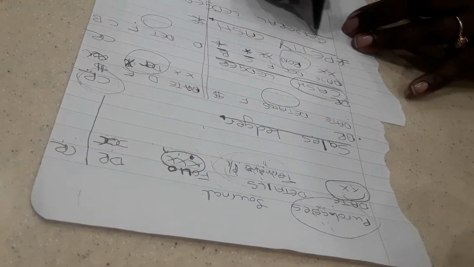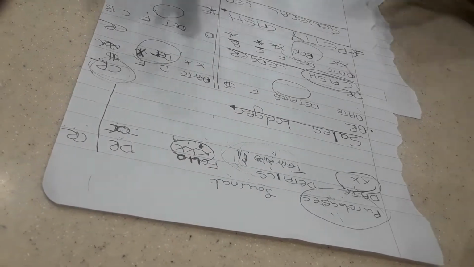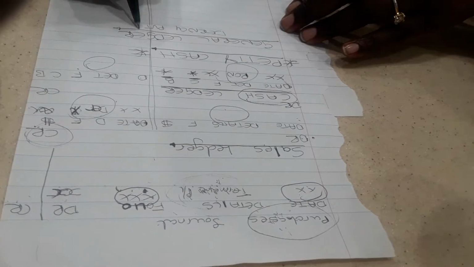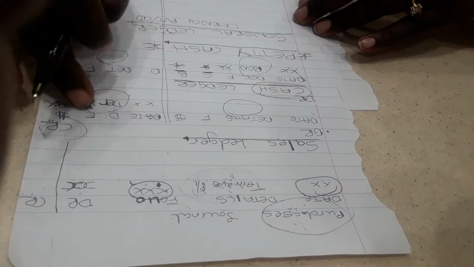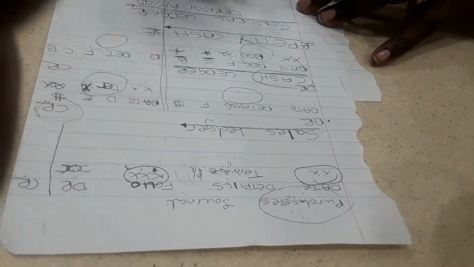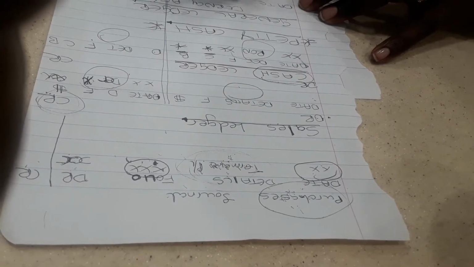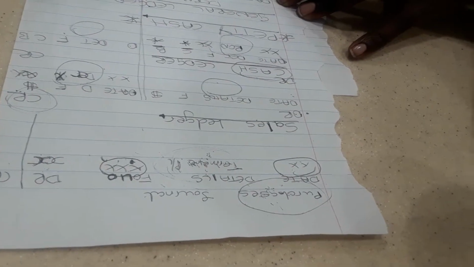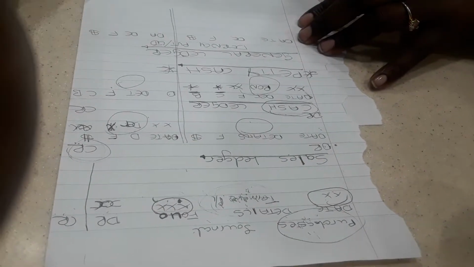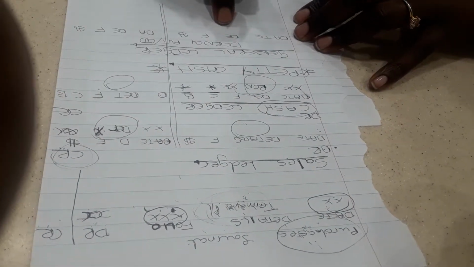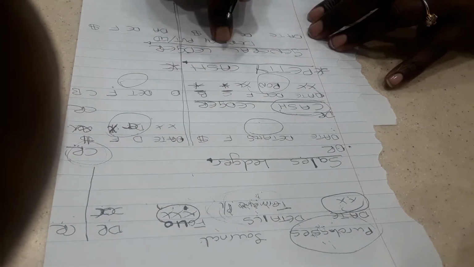So in the general ledger we're going to have a specific page or area that is dedicated to Densey Private Limited because we do business with Densey Private Limited, and this whole page will have the same form as we have here with date, details, folio, amount, date, details, folio, amount.